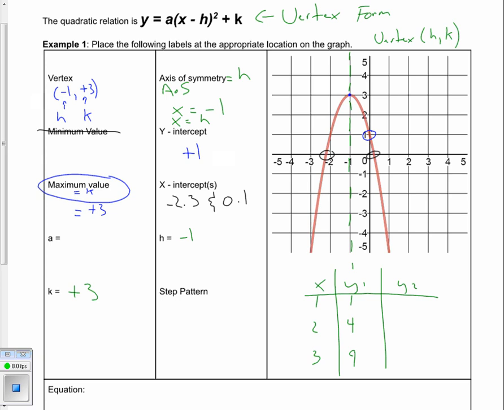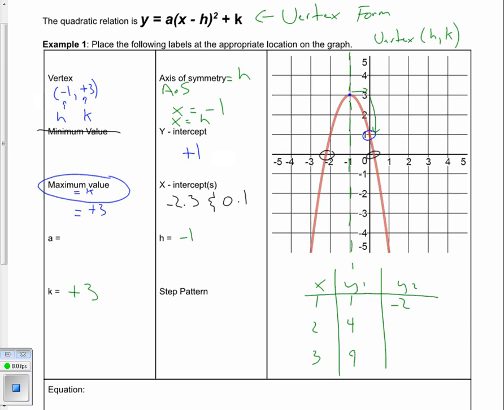So from the vertex of (-1, 3), we can go over 1 unit and then down however many units until it crosses the next point. So we go down 2 units. So y2 is negative 2. If we continue on, we could figure out what the next step in the pattern is going to be.